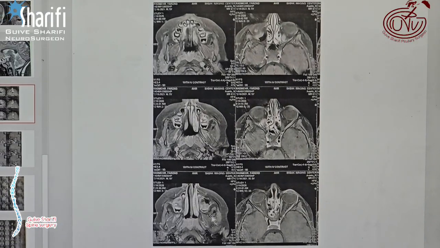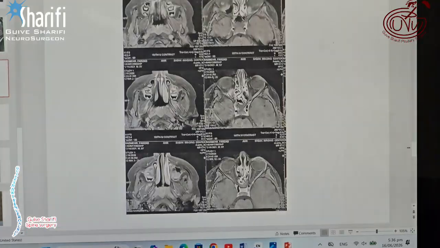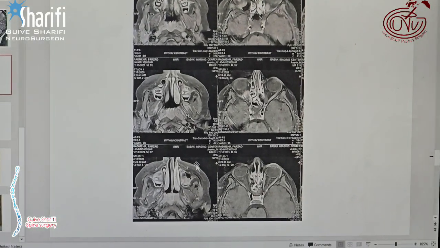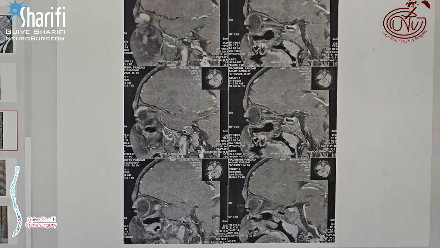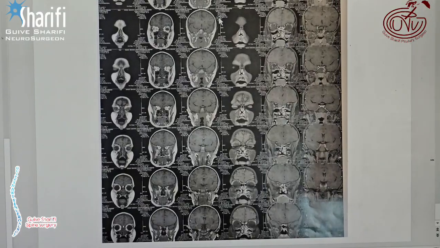This is a very interesting view. You see the signal inside the sphenoid and ethmoid. It looks like sinusitis.